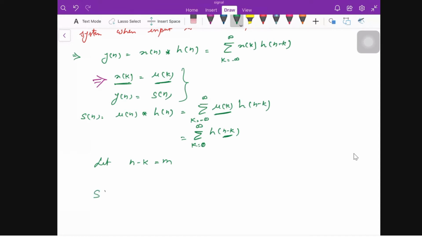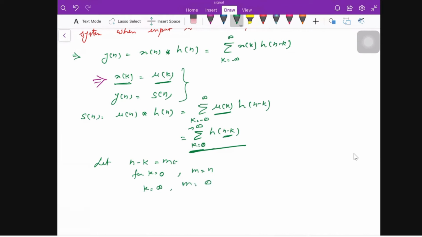Now if I write down this Sn, which is the summation from k equal to 0 of hn minus k, when you put n minus k equal to m, for k equal to 0, this m will be n, and when you put k equal to infinity, your m will be minus infinity.